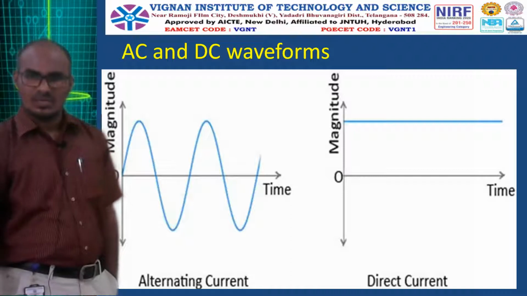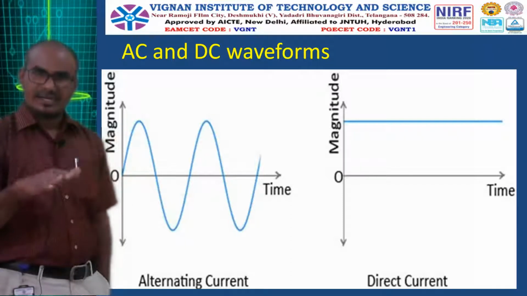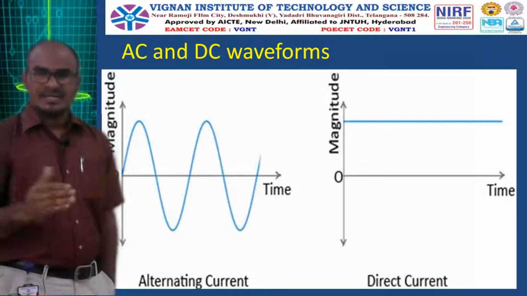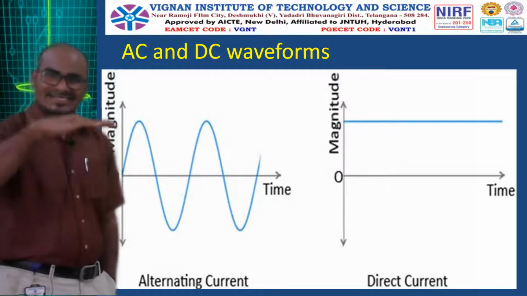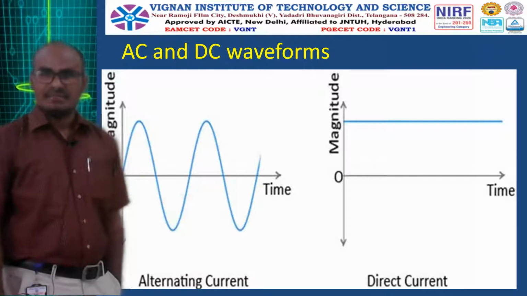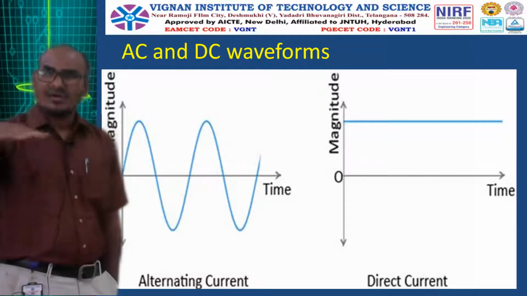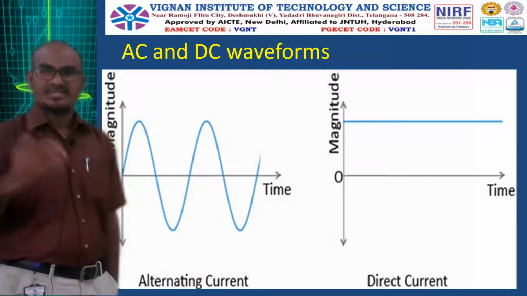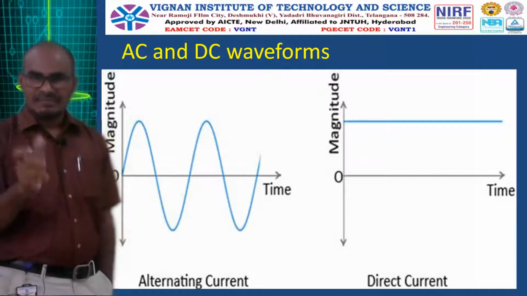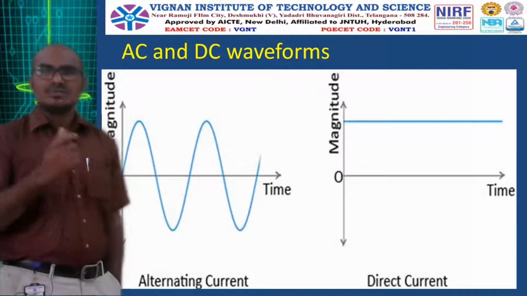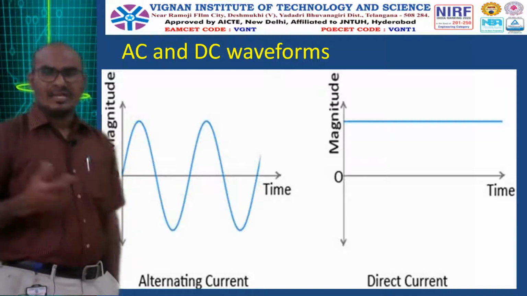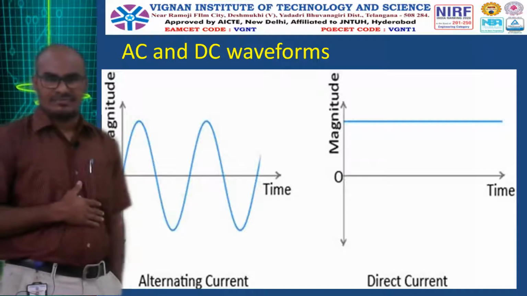If it is voltage, it is measured in volts; if it is current, it is measured in amperes or milliamperes. You can observe the graph is exactly parallel to the x-axis. That means it is maintaining a constant voltage throughout its operation. Such a supply is called the direct current or DC supply, which is required by any of the electronic gadgets that we use in our daily life.